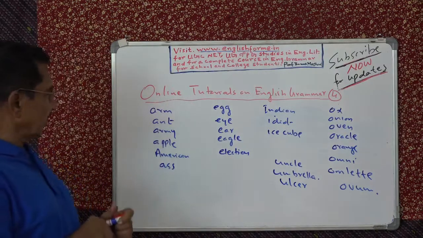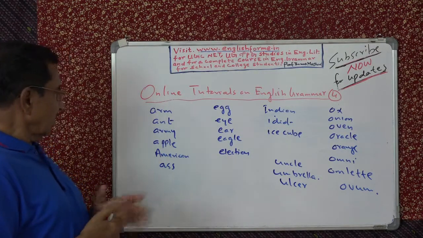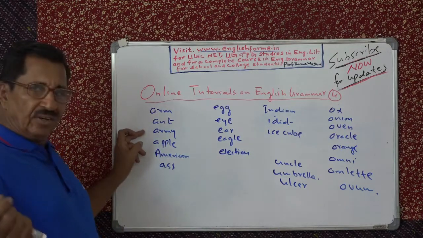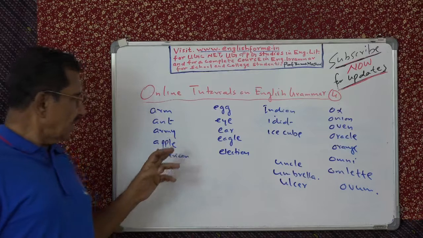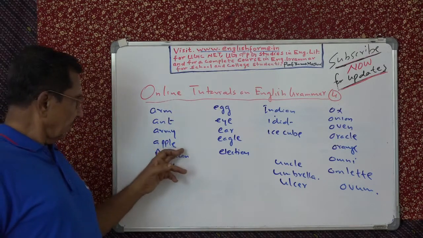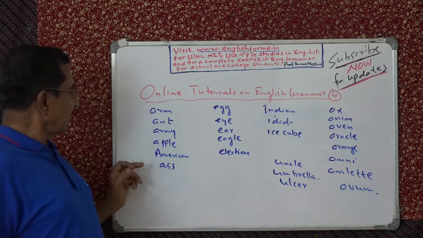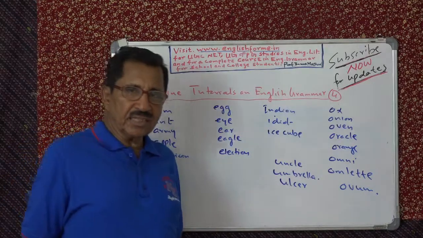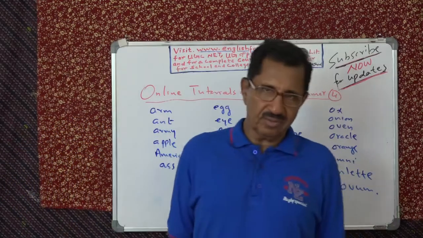So you can see words beginning here: arm, count, single count noun; ant, you can count; army, you can count; apple, American, egg, or the nouns written on the board, you can count.